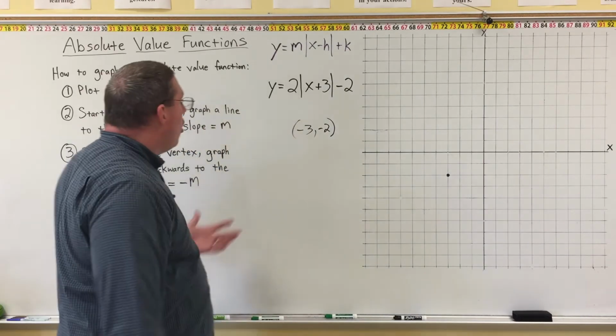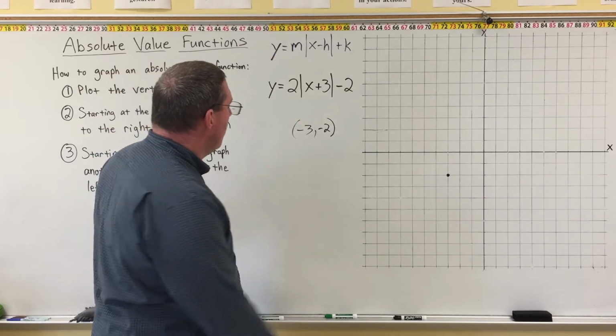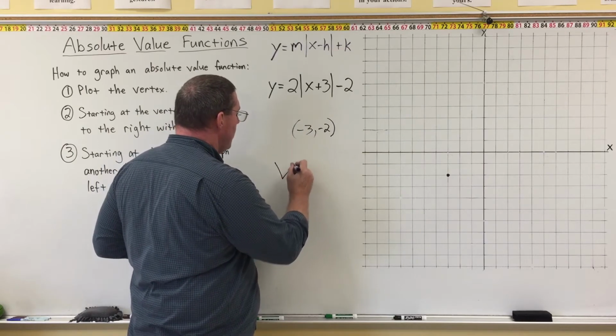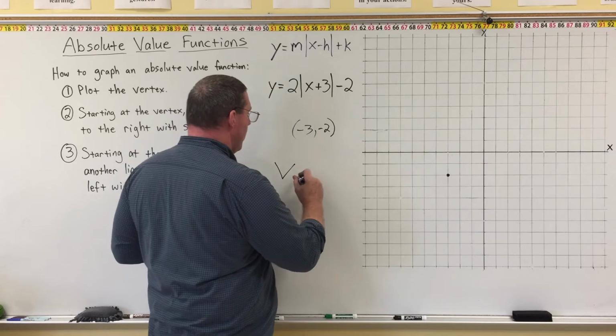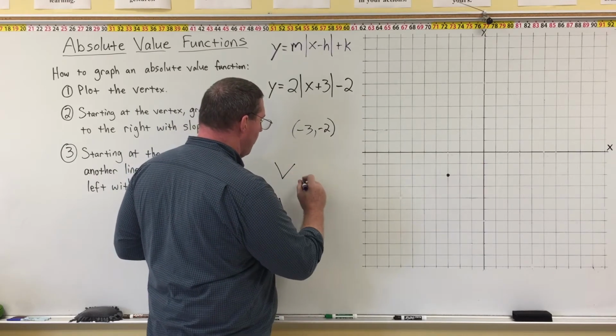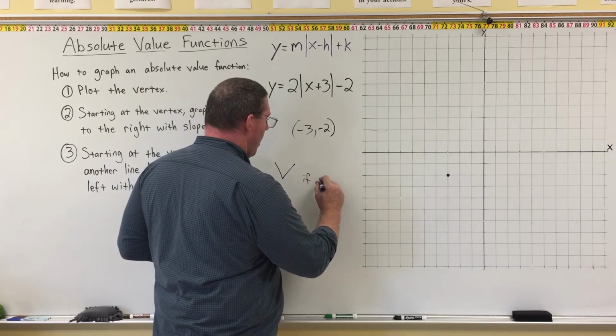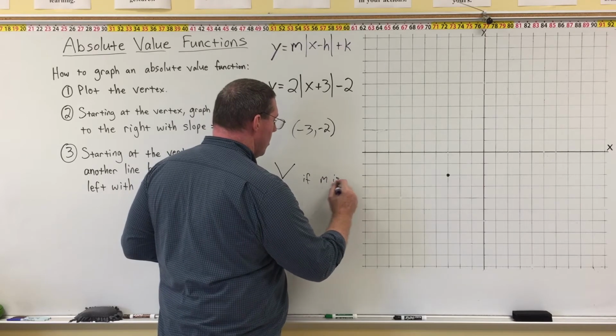Now, what causes the absolute value function to be a right side up V versus an upside down V? Well, it's very simple. It's a right side up V if m is positive.